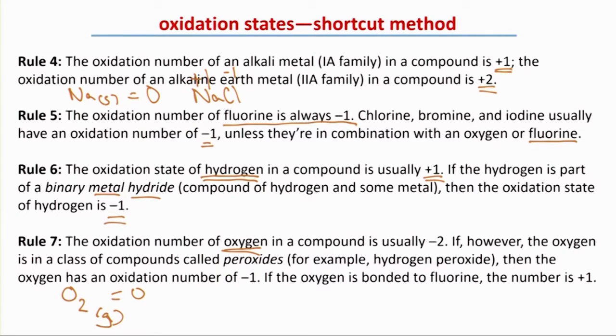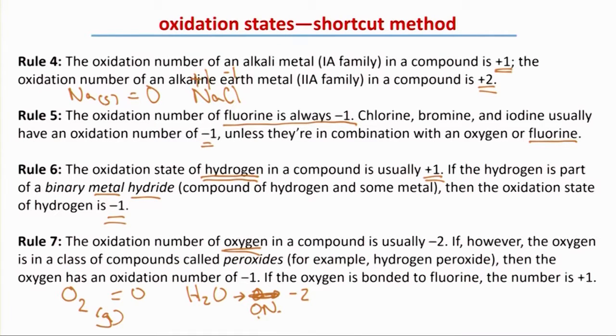But now you put oxygen in a compound, let's say H2O. Now the oxidation state for the oxygen is going to be -2. So the oxidation state or oxidation number, ON for oxidation number, for oxygen here is -2, and the hydrogen is +1.